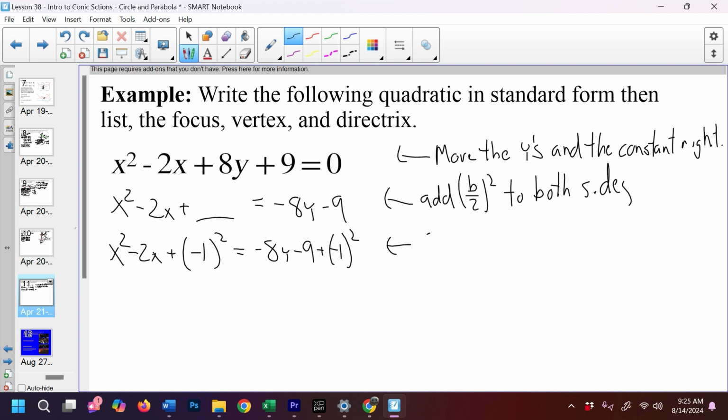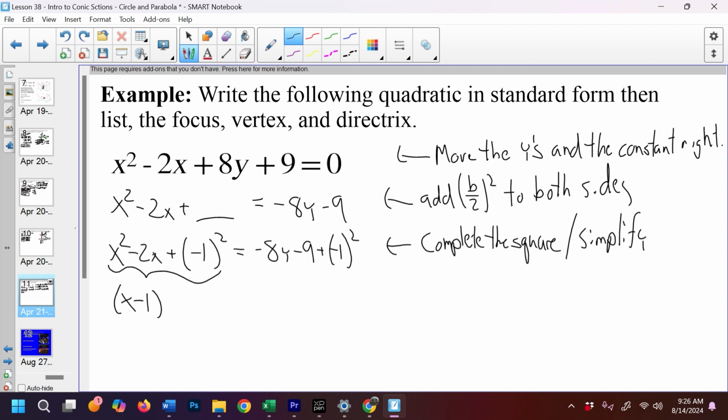Here I am going to complete the square. And simplify. So this is now the perfect square binomial x minus 1 quantity squared. And I'll have negative 8y, negative 9 plus negative 1 squared. Well, negative 1 squared is 1.